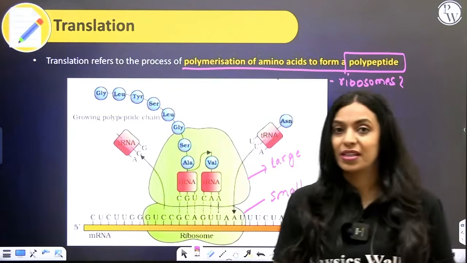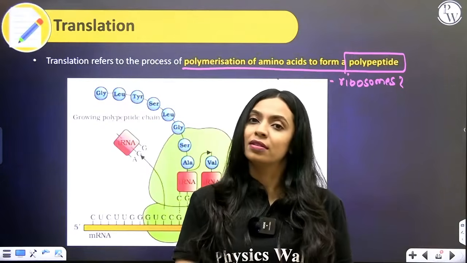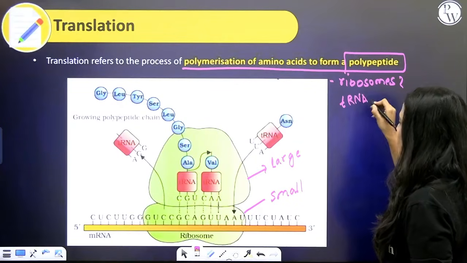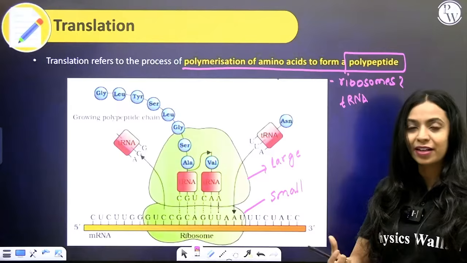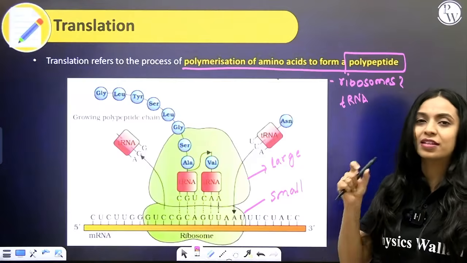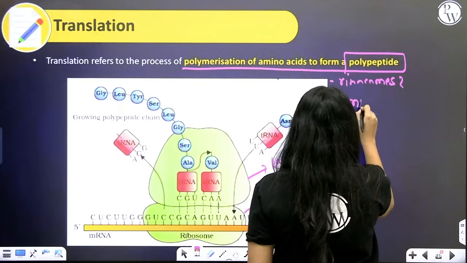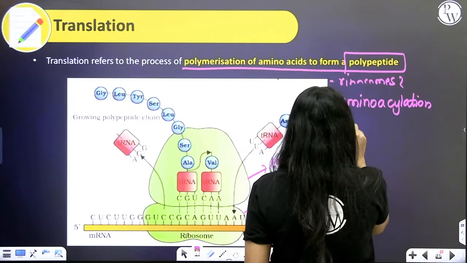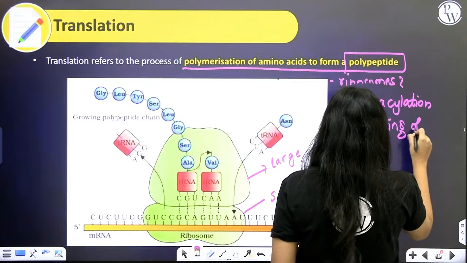Over here also, protein synthesis, something is being synthesized, so it requires energy. Before the translation is initiated, tRNAs don't always have amino acids attached to their end. Before the process of translation, amino acids will get activated by making use of ATP, and those activated amino acids will bind to the amino acid acceptor end of tRNA by a process called aminoacylation or charging of tRNA.